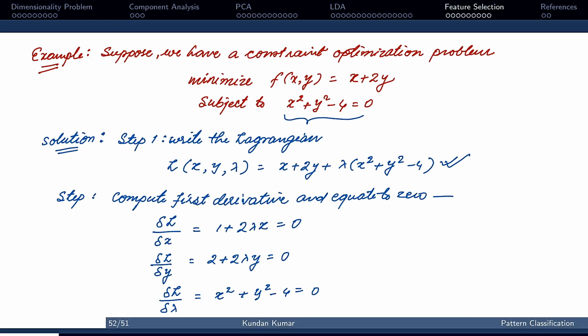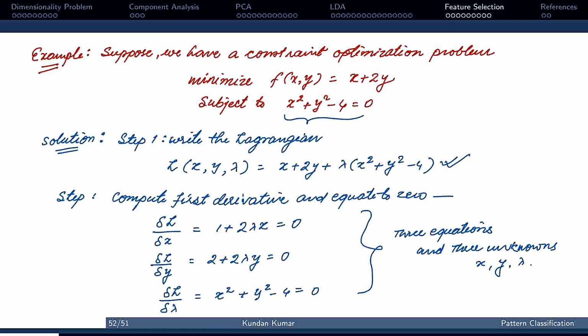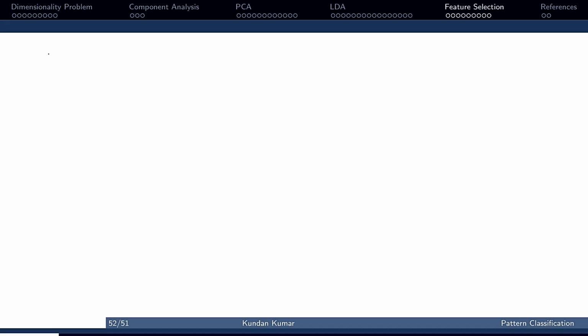So here we have three equations and three unknowns: x, y and lambda. We can solve these three equations to find the three unknowns.